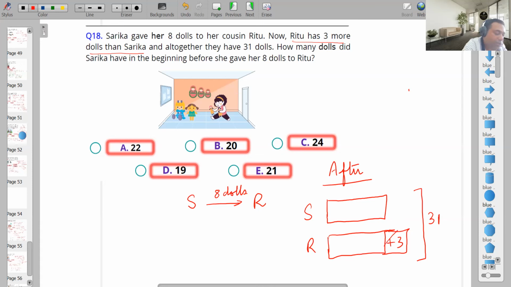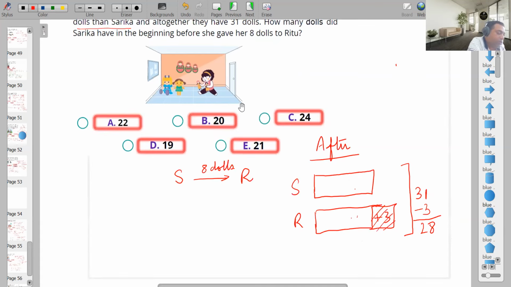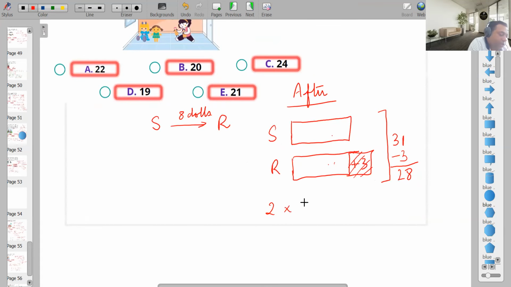If I take out these 3 dolls from Ritu, the total number of dolls will be 28, and this will be equal to double Sarika's dolls. So 2 times Sarika's dolls is equal to 28. Therefore, Sarika's dolls is half of 28, or 28 divided by 2, which is equal to 14.